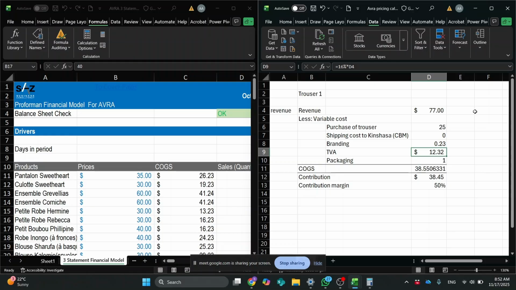I'm saying this because it will make it easier for us to see the margin without VAT. I don't know, maybe it's my accounting background that is playing on me.